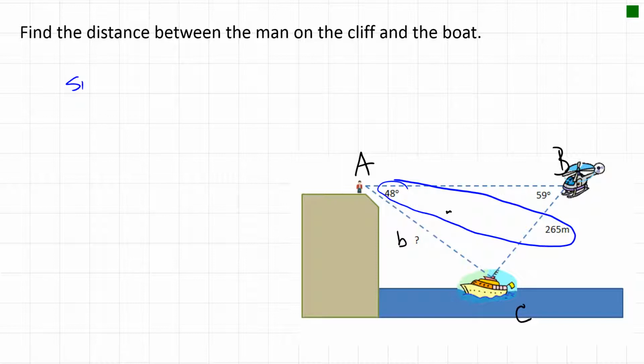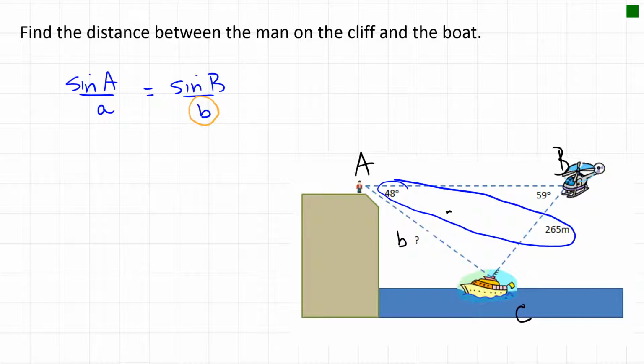So we have the sine of A over little a equals the sine of B over little b. Now before I place numbers in here, I just want you to identify that this is the variable we're looking for, and notice it's in the denominator, and that's always a harder place for the variable to be if we're isolating it.